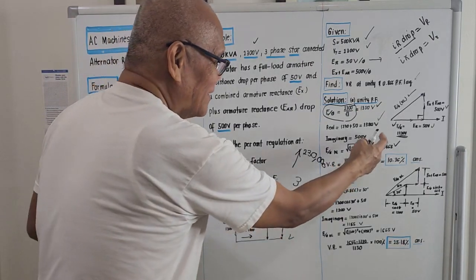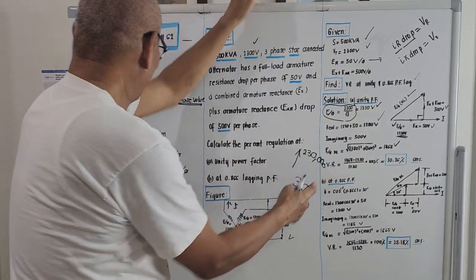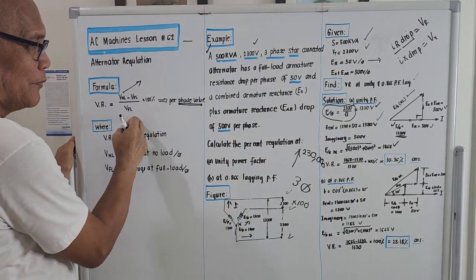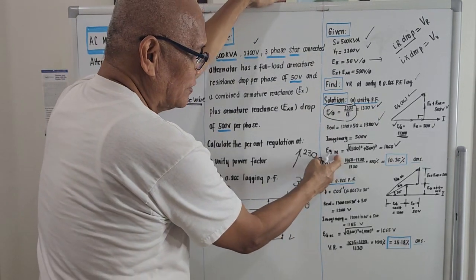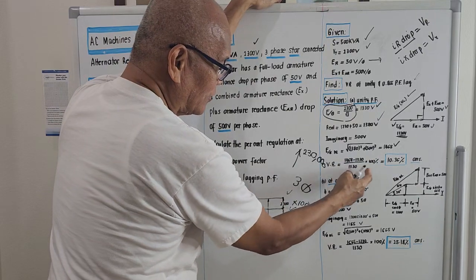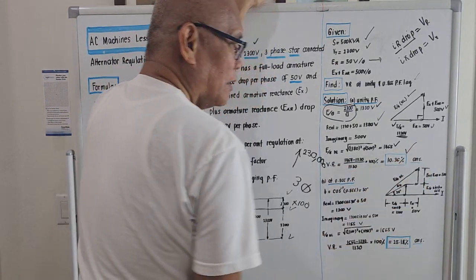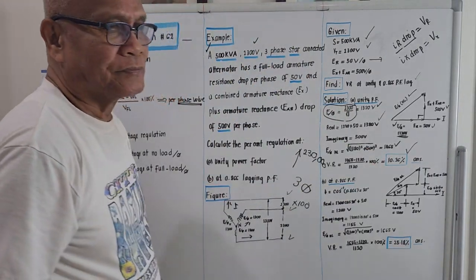That's the meaning of this. So the voltage regulation now will be 1468 minus 1330 over 1330 times 100%. It is 10.36%.